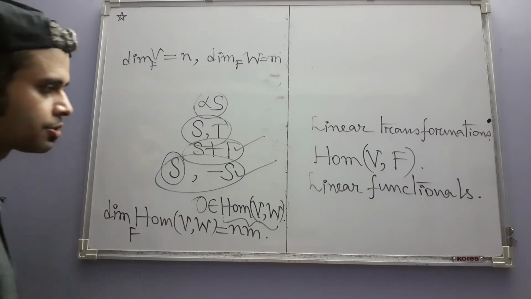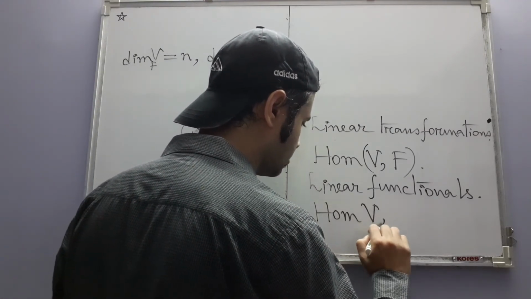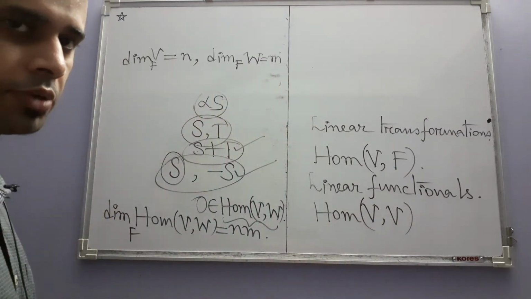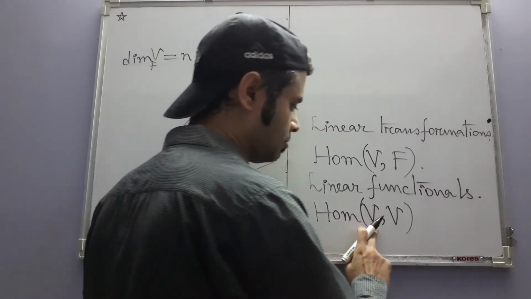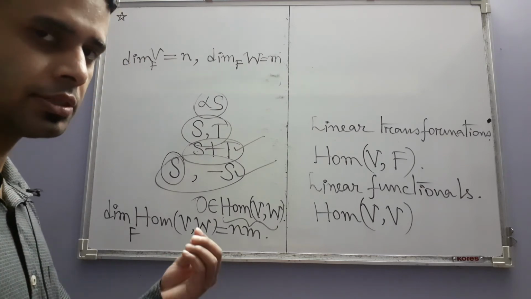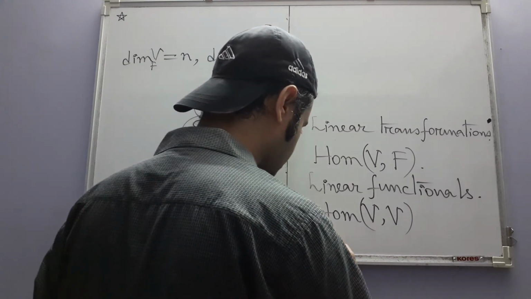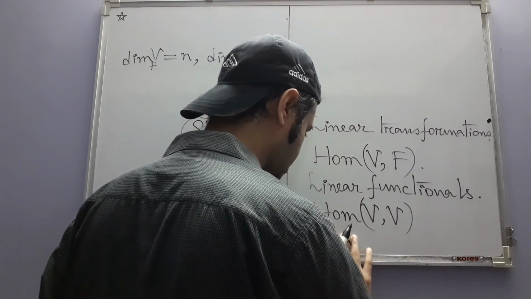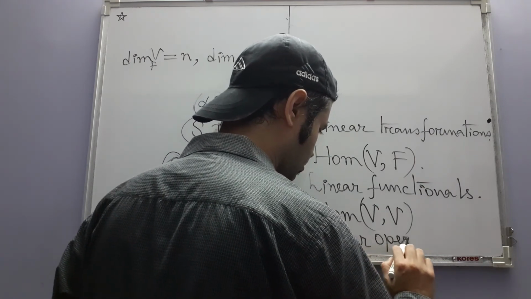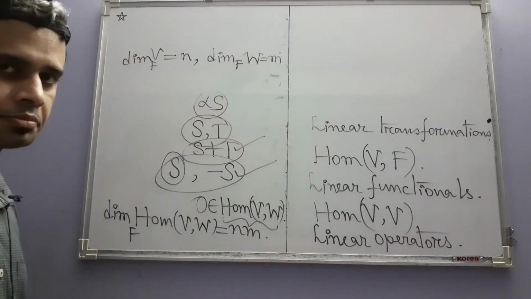And there is one more special case that is of interest, when the two spaces V and W are actually the same. When you consider the vector space homomorphisms or linear transformations of a space V into itself, the elements in it are sometimes also called linear operators.